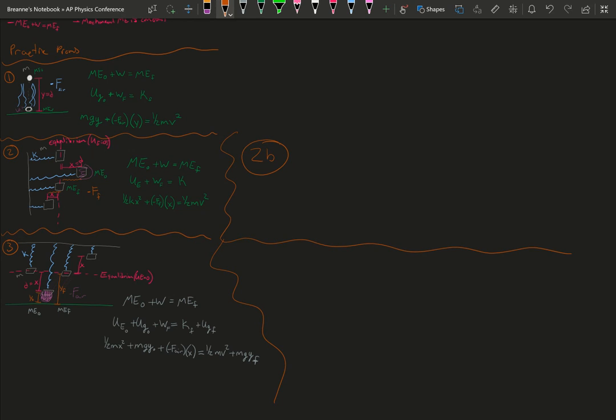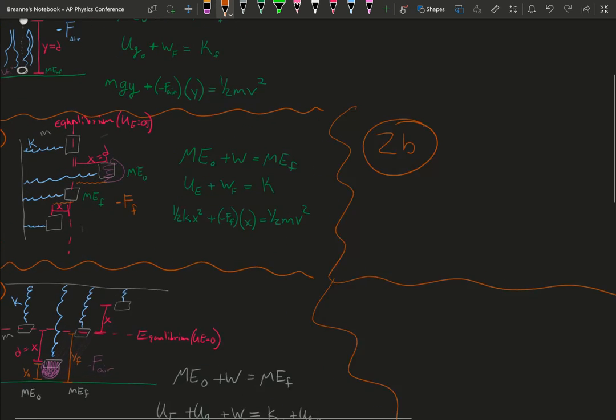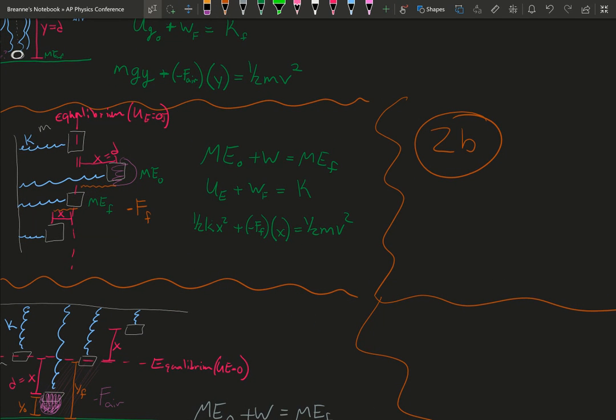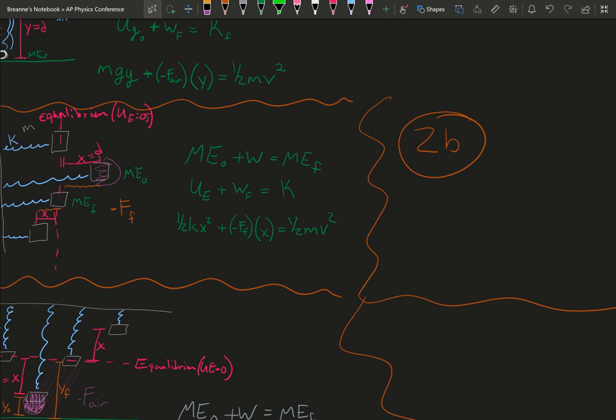We're still doing the exact same example, but we're going to start with the first one. It's here, and I'm literally pulling. So we're doing a force applied here. I'm extending the spring.